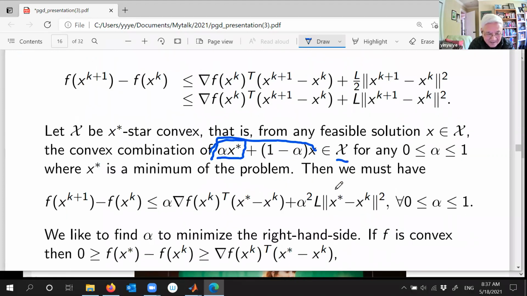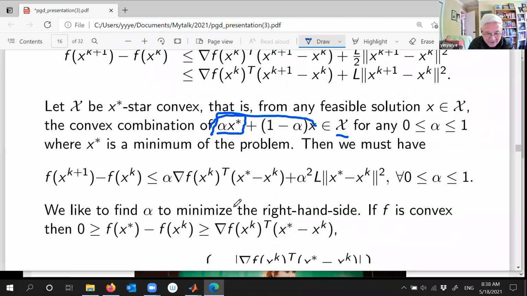So in this particular case, we can provide a bound for this problem, because x_k plus 1 is the closest point, so it must do better than any of these points. That means this is going to be bounded above by any alpha between 0 and 1, for any point on this line segment.